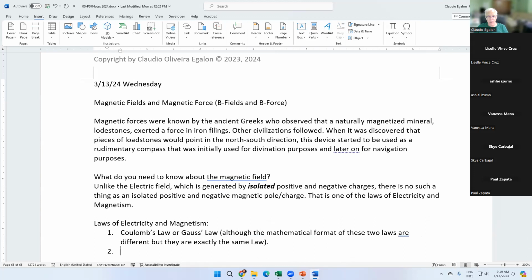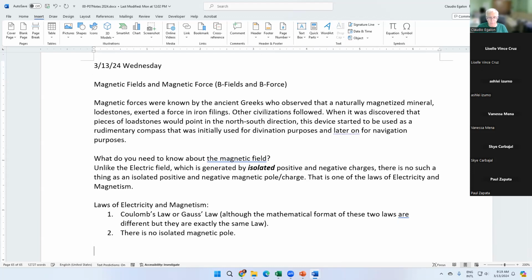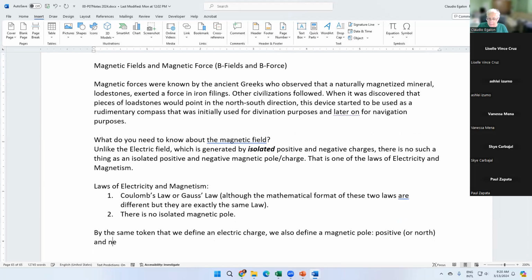And now we have this other law of electricity and magnetism that states that there is no isolated magnetic pole. By the same token that we define an electric charge, we also define a magnetic pole, positive or north, and negative or south.